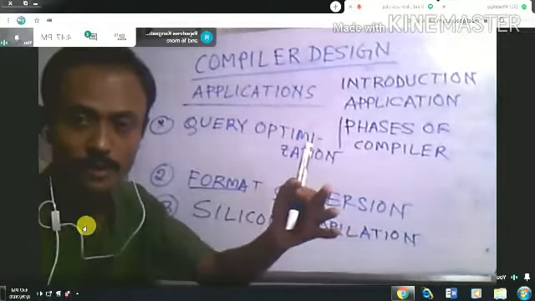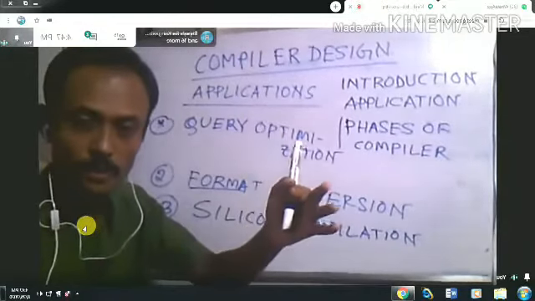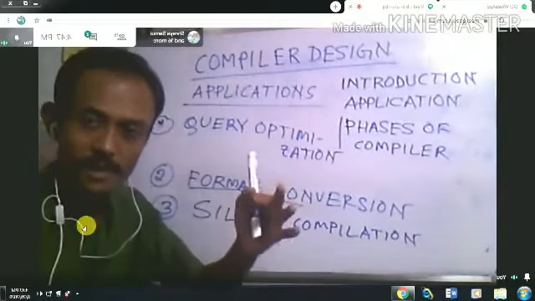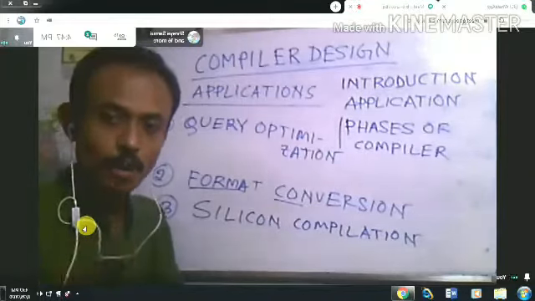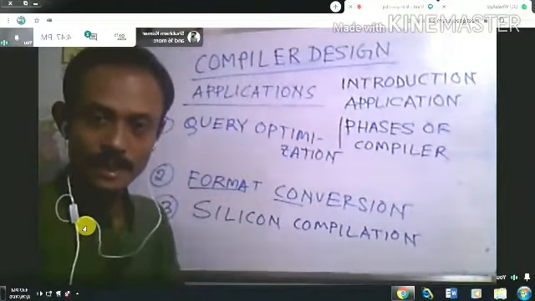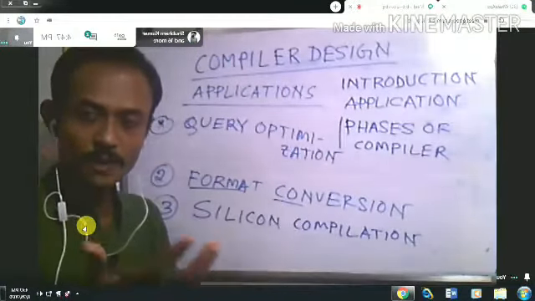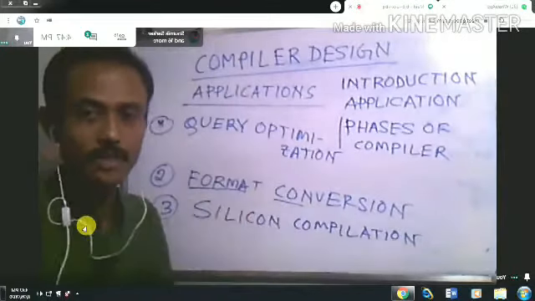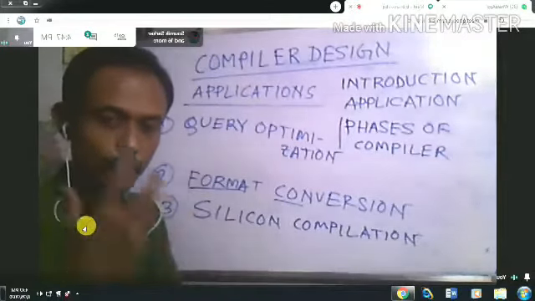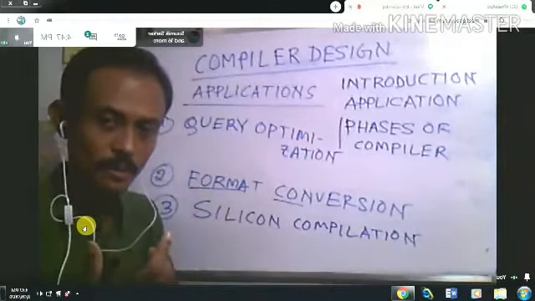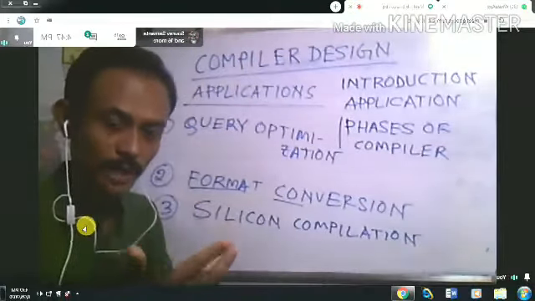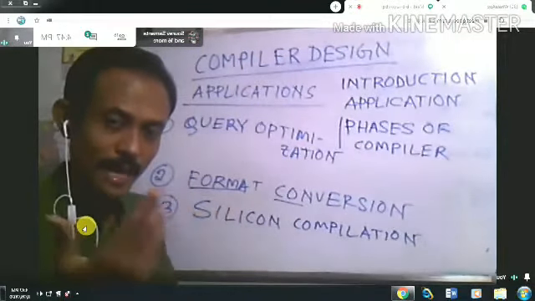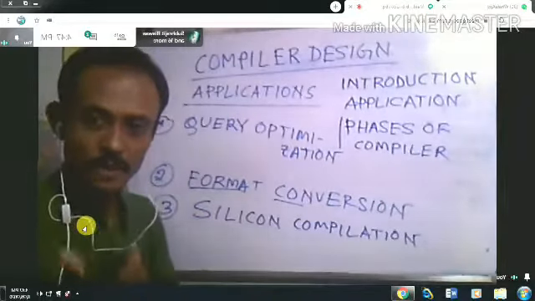The purpose of that system software is query optimization. What is the purpose of optimization? The purpose is that you can execute your query in a short time. In real life you have to work on very large databases, and executing SQL queries on a large database can be very tricky.